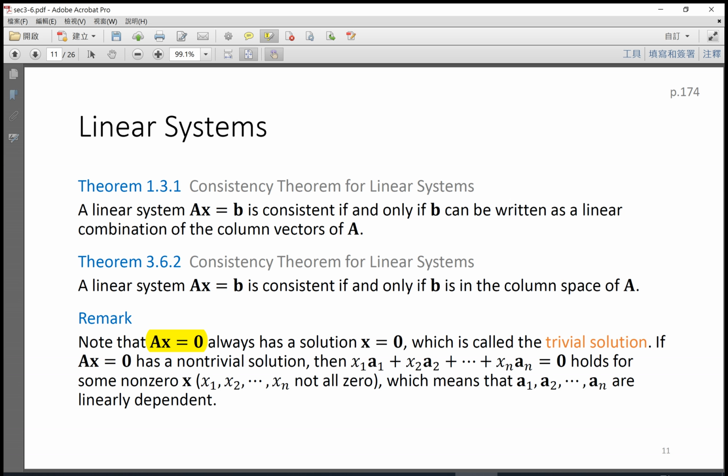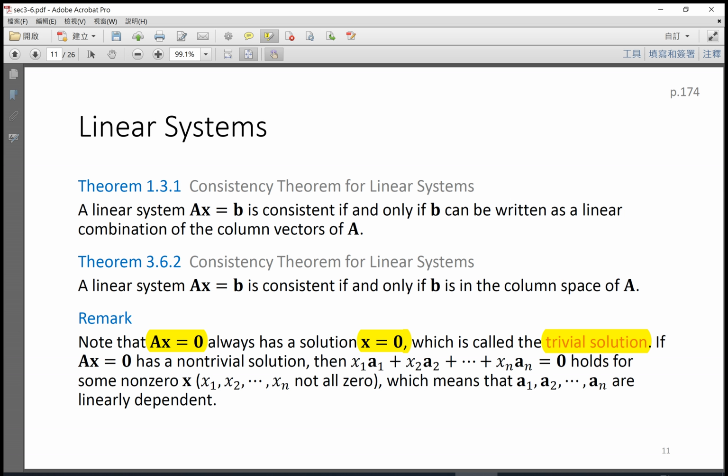And it is easy to see that x equals the zero vector is always a solution of the homogeneous equation, because A times the zero vector equals the zero vector, and we call x equals the zero vector the trivial solution.